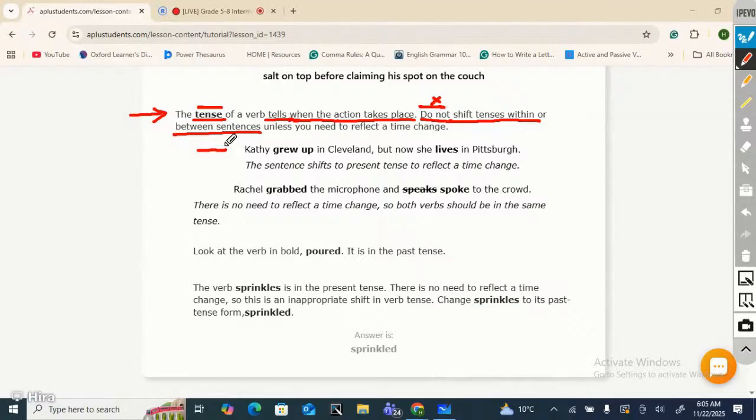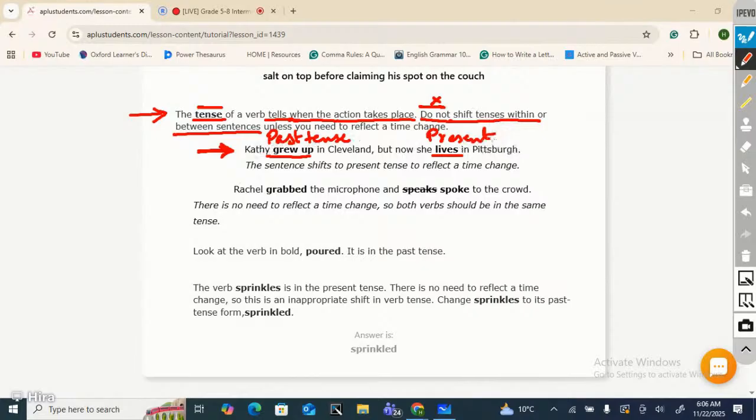The first example is with a shift in tenses, but it is an appropriate shift in tense. Why? Because when you need to reflect a time change, you can shift. Kathy grew up in Cleveland, but now she lives in Pittsburgh. Grew up, past tense. But now she lives in Pittsburgh, present tense.